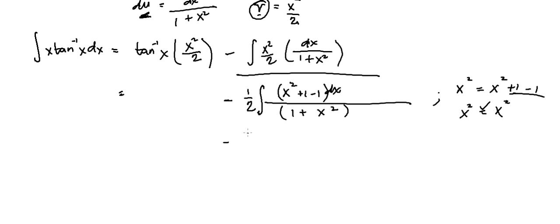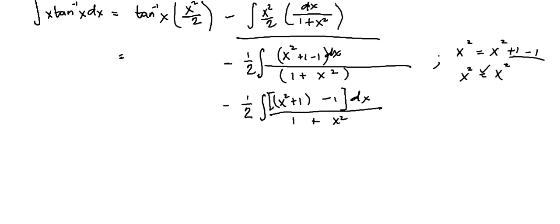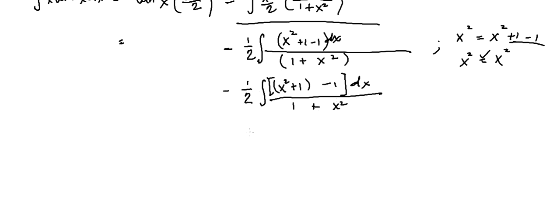Let us now analyze it further. If we take this one as the integral of x squared plus 1 minus 1 dx all over 1 plus x squared, then doing that, we can now separate this term and the other term.